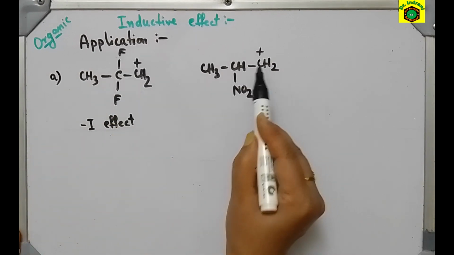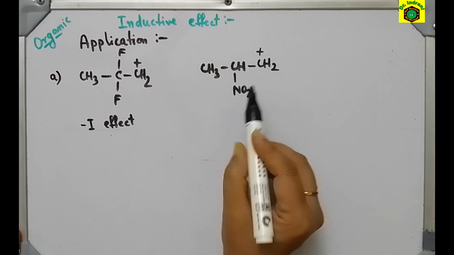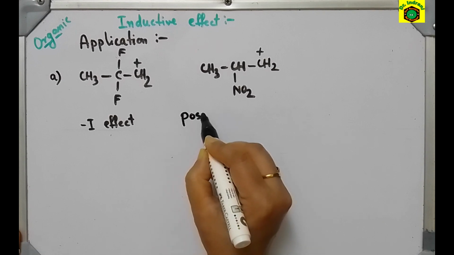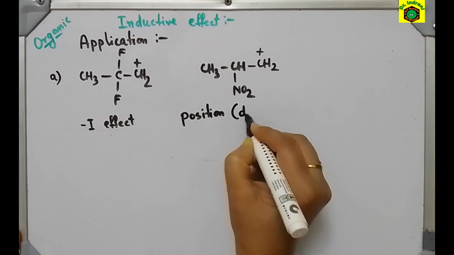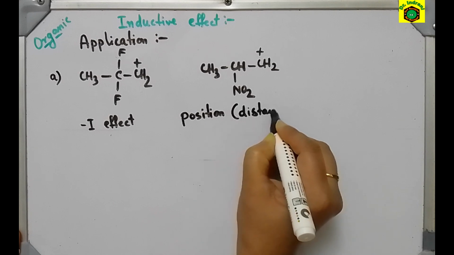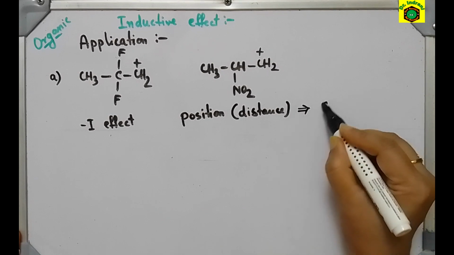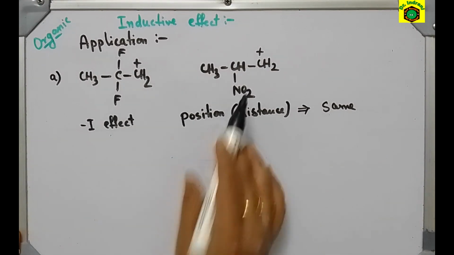Here also at alpha carbon, electron withdrawing group is there. So position wise or distance wise, both are same, because at same distance from carbocation, electron withdrawing groups, means groups having minus I effect, are present.